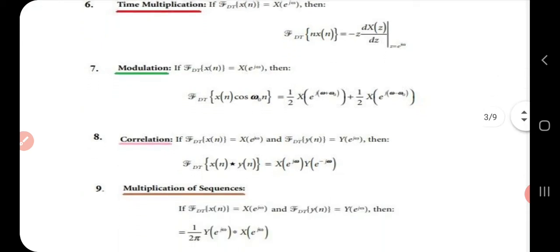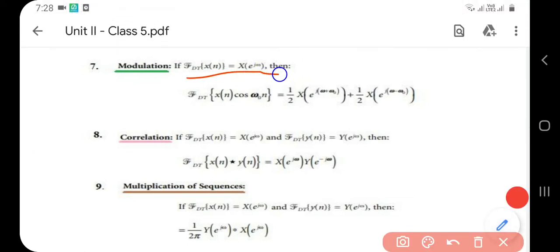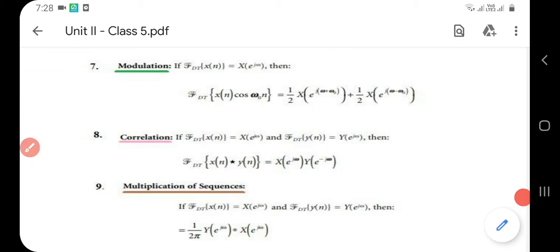Next is modulation. If DTFT of x(n) equals X(e^{jω}), then DTFT of x(n) cos ω0 n will be equal to half X(e^{j(ω minus ω0)}) plus half X(e^{j(ω plus ω0)}).